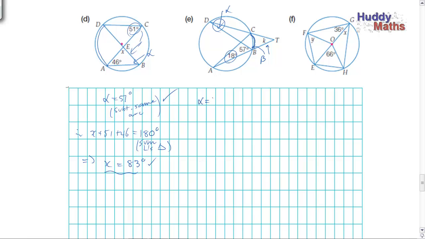So alpha equals 18 degrees, subtended same arc. And then beta, trying to use the 57 now, beta is 180 minus 57, 123 degrees. Sum adjacent angles on a straight line.